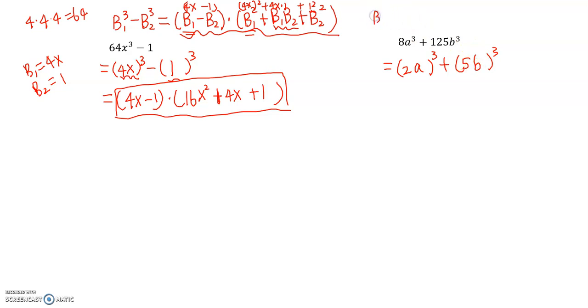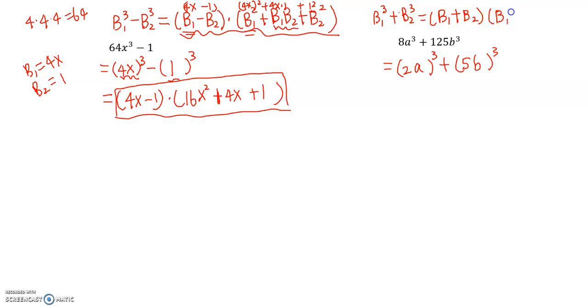And again, to help us see how we apply the formula, I'm going to write down the formula here for our reference. So if we have addition, the sum of two cubes, the first factor we can get is b1 plus b2.